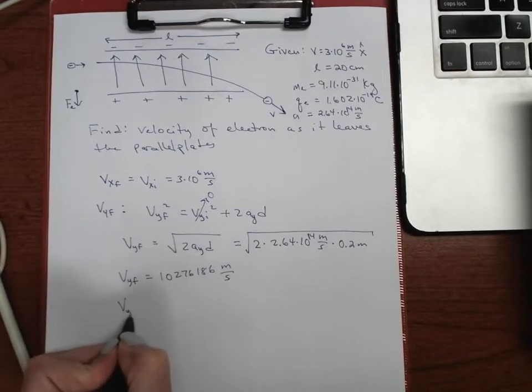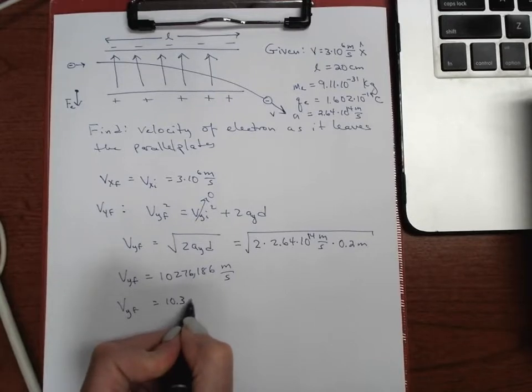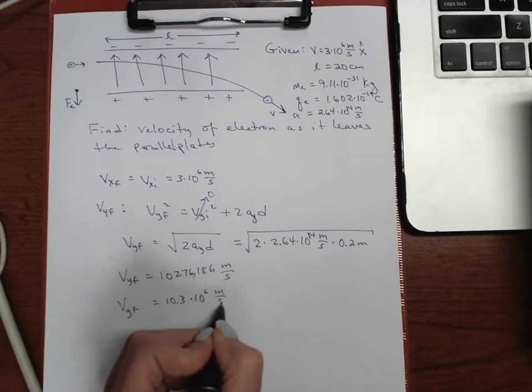So I'm going to rewrite that as Vy final is equal to 10.3 times 10 to the 6th meters per second.